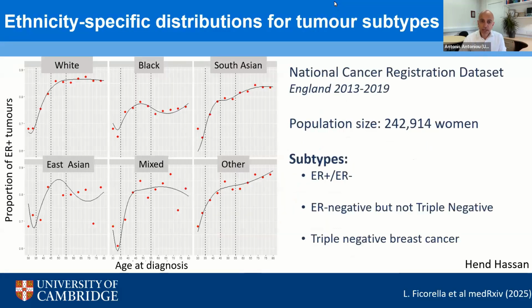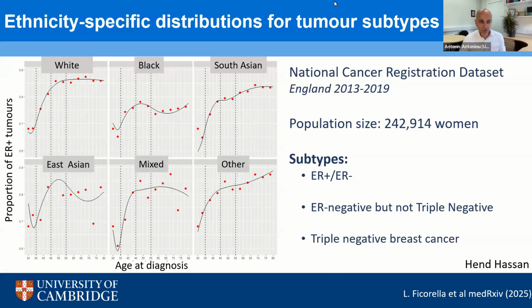As I mentioned earlier, the models include also the tumor subtype information, in particular around the ER status and triple negative status. So here we used data again from the National Cancer Registration dataset to estimate those distributions for the different ethnic groups. And these graphs here show, as an example, the distributions of estrogen receptor positive tumors by the age at diagnosis on the x-axis by the different ethnic groups.